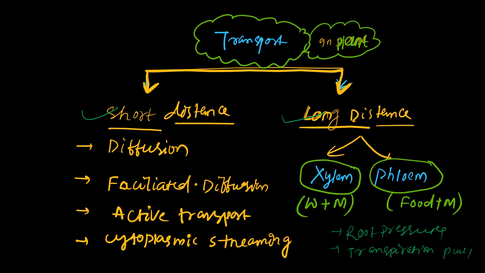Xylem transports water and mineral, while phloem transports food and mineral.